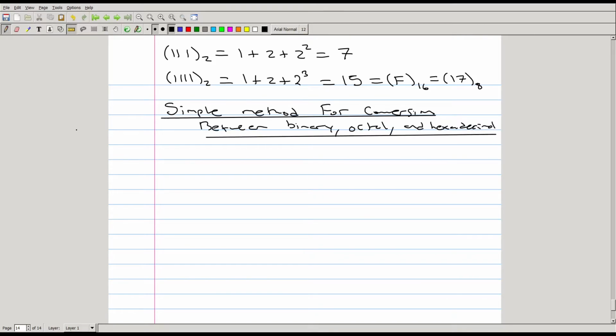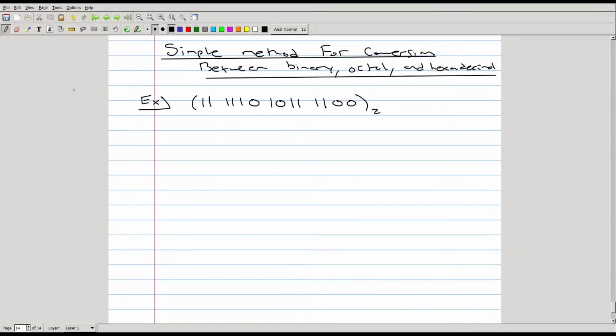And I'll illustrate this with an example. So if you take the number 111110101111100 base 2, and I want to convert this to octal.